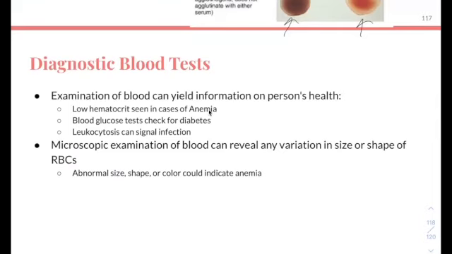I'm sure we've all had blood tests done, but they can give all kinds of information. They can be used to look at different kinds of anemia, blood glucose for diabetes, leukocytosis. The nice thing now is there's computers that you can put the blood in and it spits out the information.